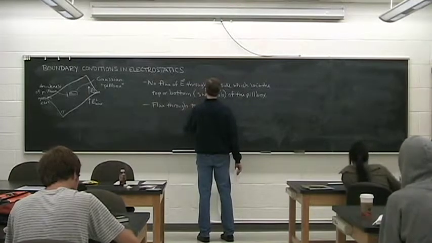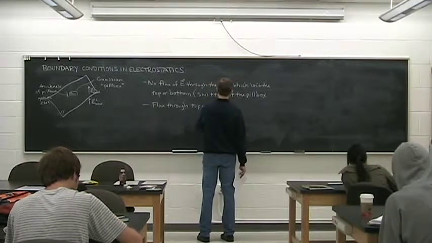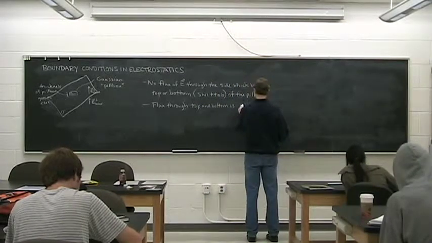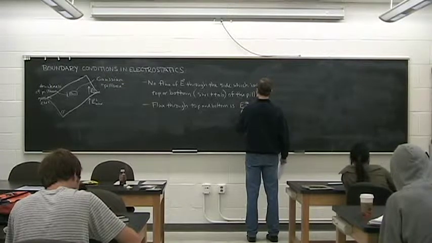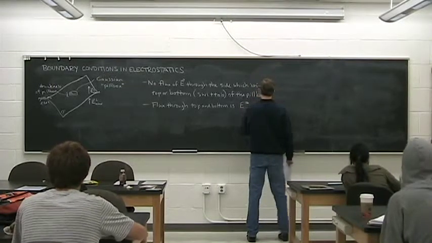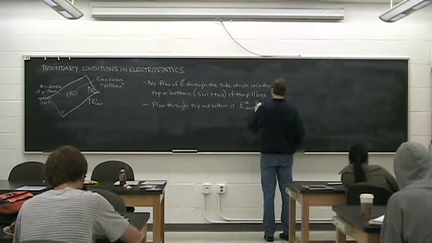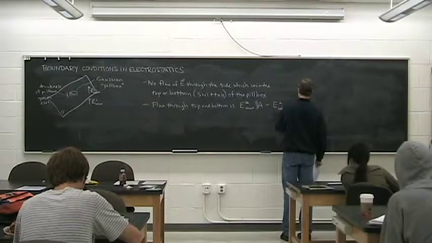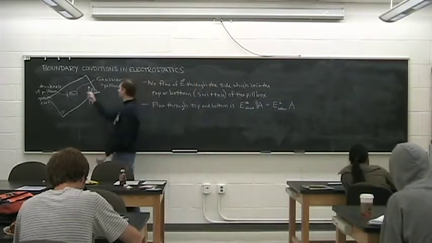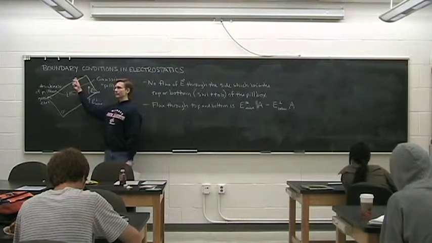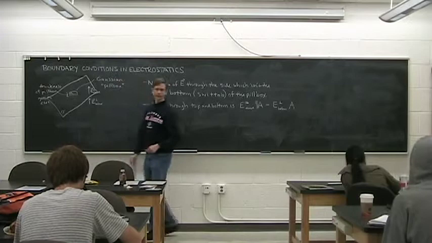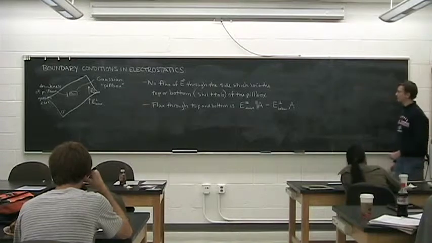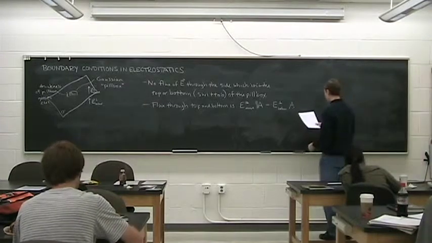Flux through top and bottom, well, that's just going to be the perpendicular component of E above times A minus the perpendicular component of E below times A, because with our assumption about the direction of E, it's flux out of the top surface and flux into the bottom surface, and flux into a surface comes in with a minus sign. So it's E perpendicular above A minus E perpendicular below times A.